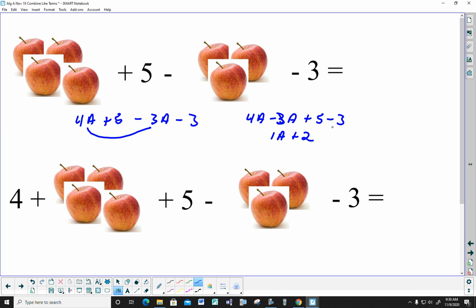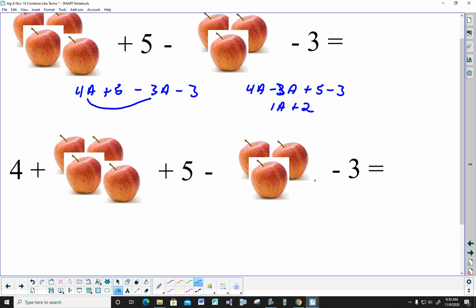These are like terms because they don't have a variable with it, they're just plain numbers. These are like terms because they both have an a.